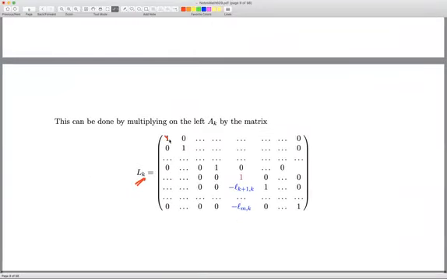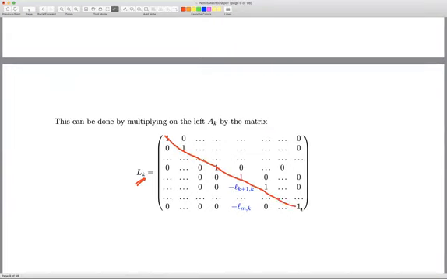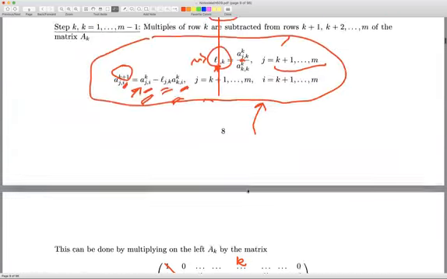So we have the identity matrix. This is the kth column. And this is the part of the kth column that lives below the main diagonal. We populate only this kth column with the negatives of the numbers L, which are what numbers?